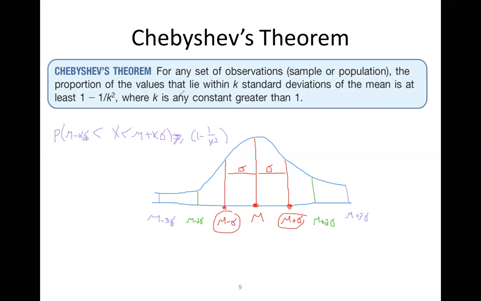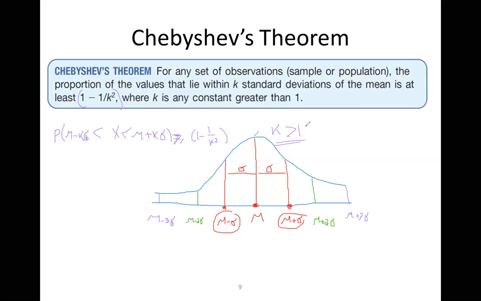So the Chebyshev theorem says that for any set of observations, sample or population, the proportion of the values that lie within k standard deviations of the mean is at least 1 minus 1 over k squared, with one condition: k has to be greater than 1, whether integer or not.